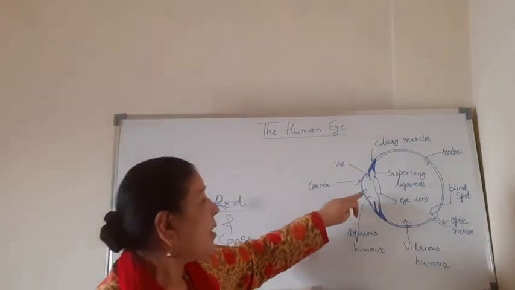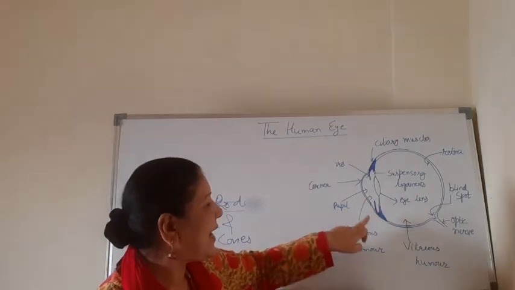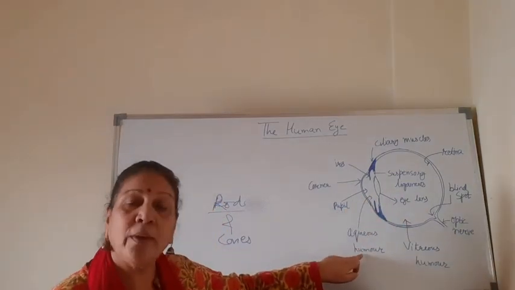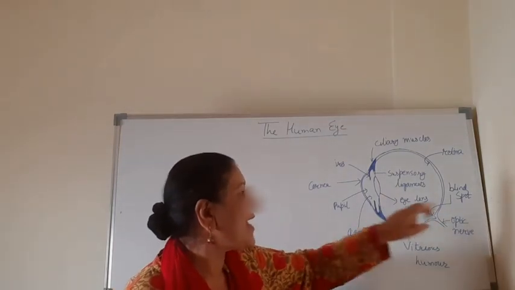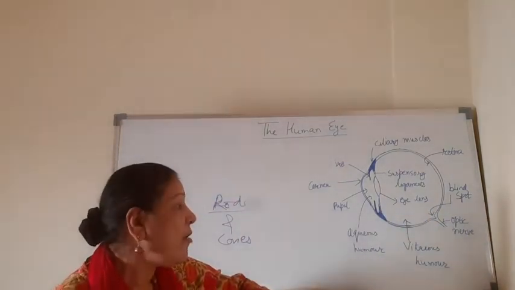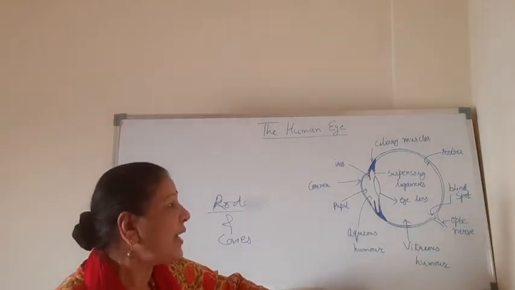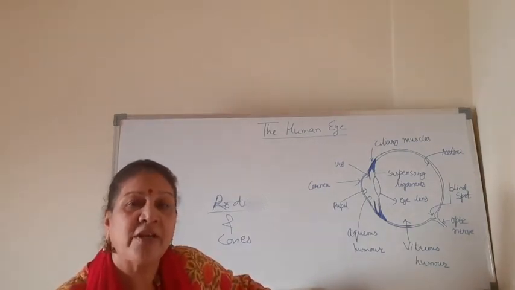Between the cornea and the lens we have the aqueous humor, and behind the lens and the retina we have the vitreous humor, which again allows proper refraction of light.